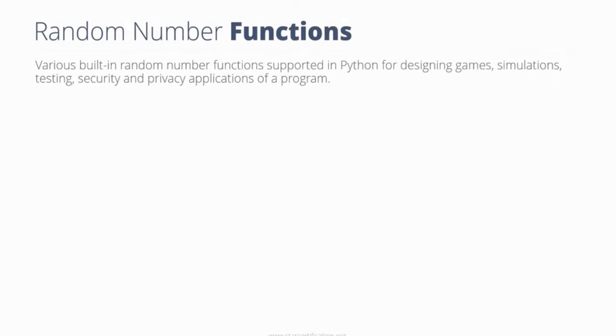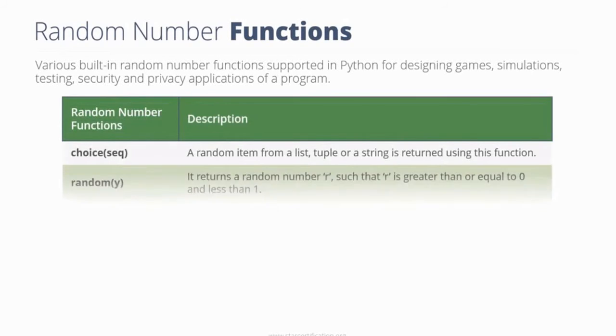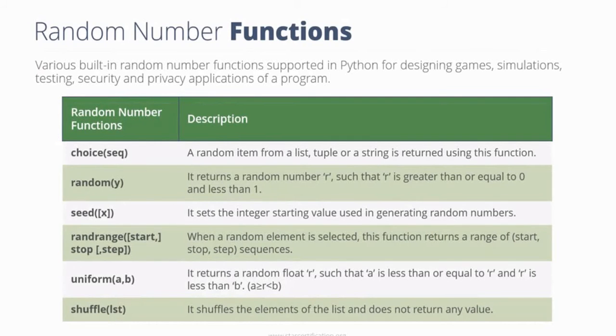There are various programs in Python that include random number functions for designing games, simulations, testing, security, and privacy applications of a program. For these programming modules, there are various built-in random number functions supported in Python. These functions are displayed on the screen.